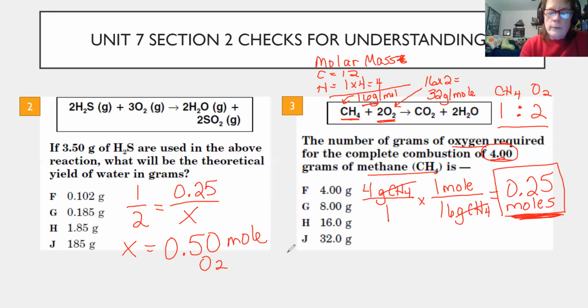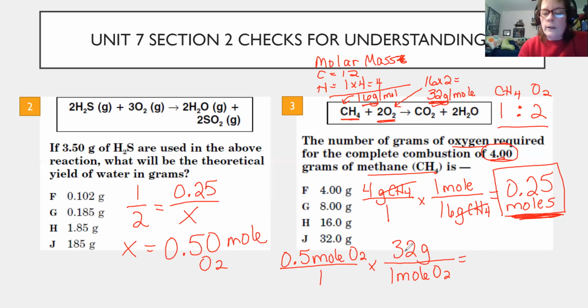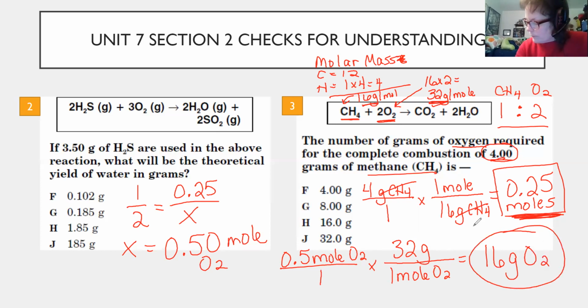So we know we have 0.5 moles of O2 and 1 mole of O2 is equal to 32 grams. This one you should be able to do in your head. What's half of 32? 16 grams of oxygen. So that is our final answer. 16 grams of oxygen is needed for the complete combustion of 4 grams of methane.